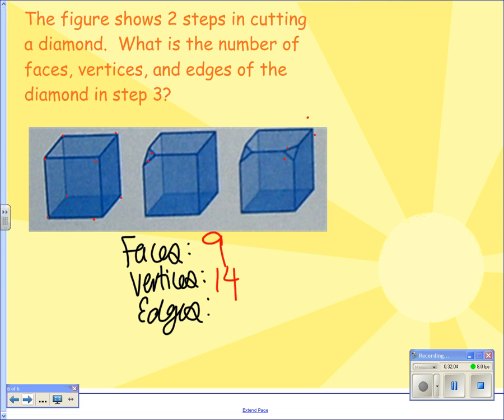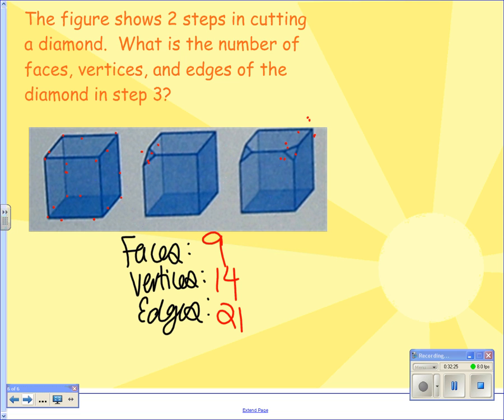How many edges? How many do you start with? 12, and then you add 3. So 15, 16, 17, 18, 19, 20, 21. Does that make sense?